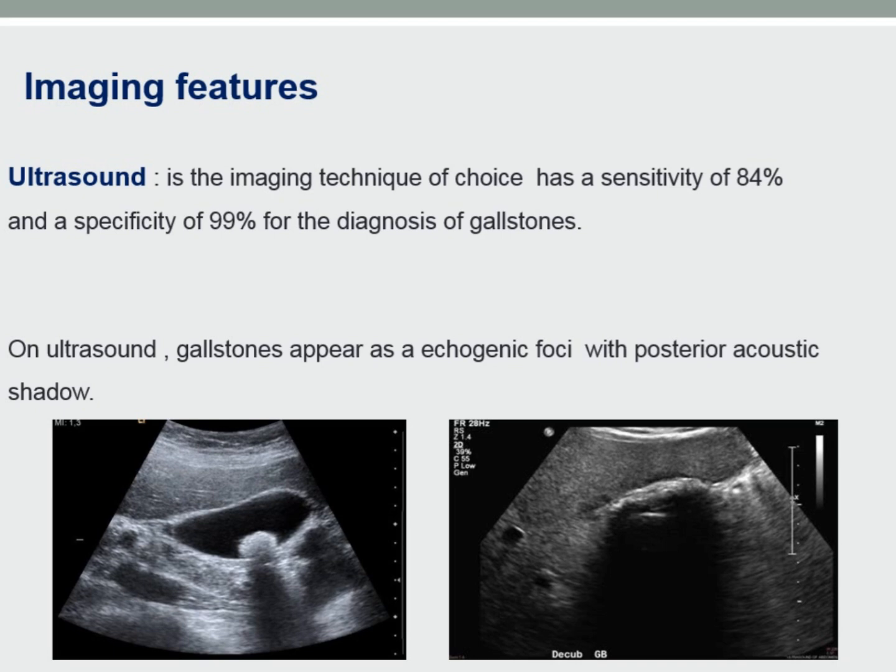This pattern is called the wall echo shadow sign, and it's seen in patients with multiple gallstones. So this is the wall, this is the echo, and this is the shadow, okay? To differentiate from the duodenum, change the position. So when you see this wall, echo, shadow, you need to think of a gallbladder filled with stones, okay?